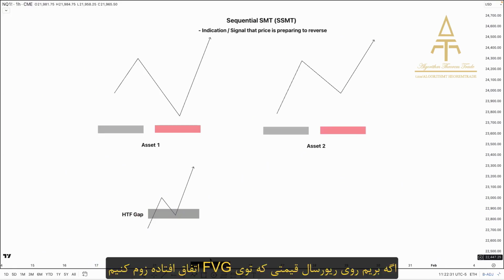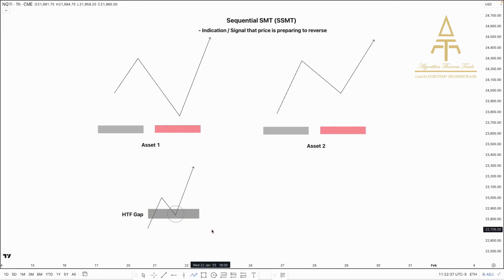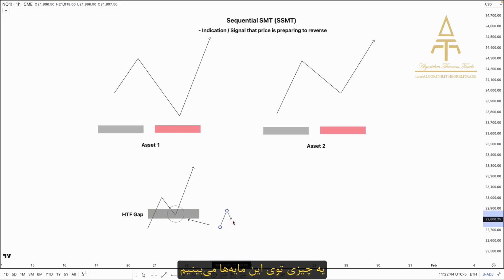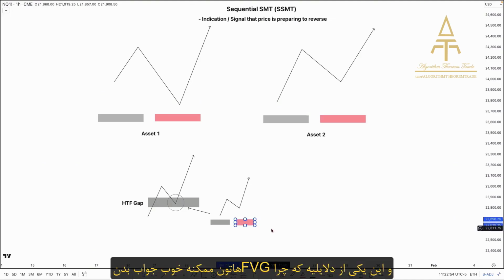If we zoomed in on the reversal within the fair value gap, we would see something along the lines of this, where we have a sequential SMT. And this is oftentimes why your fair value gap is going to work.